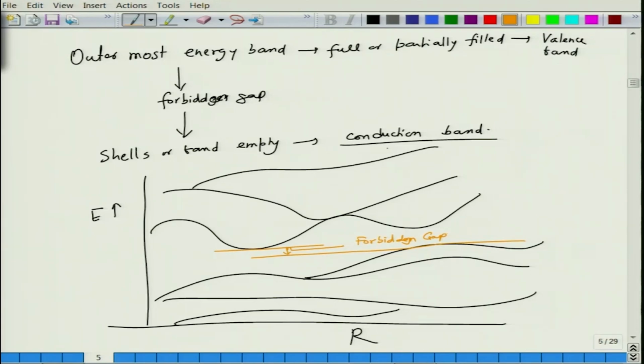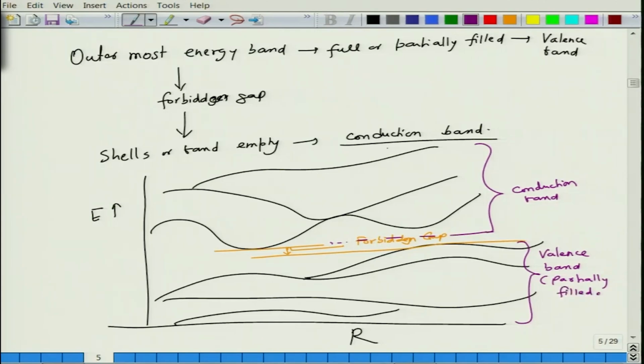The bands below this are the valence bands, and the band above this will be the conduction band. We are saying the valence bands are partially filled or completely filled, and the conduction band is, let us say, empty. Okay.